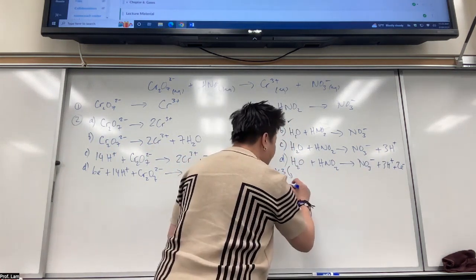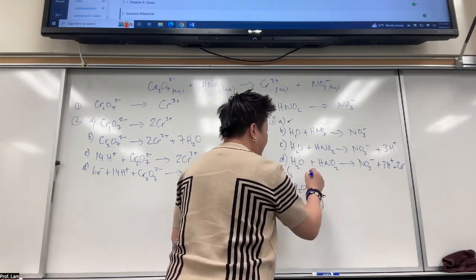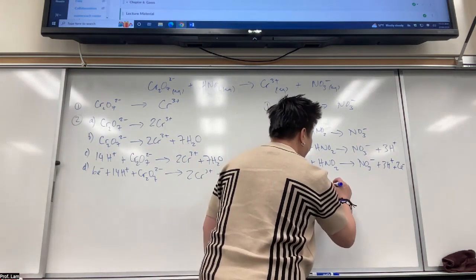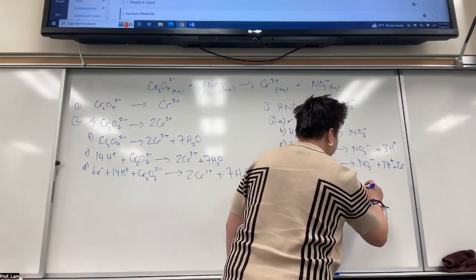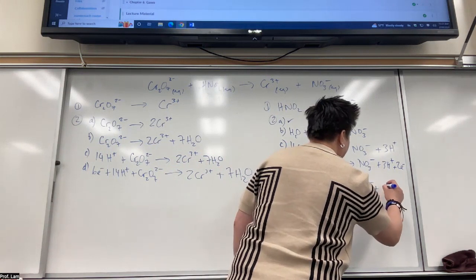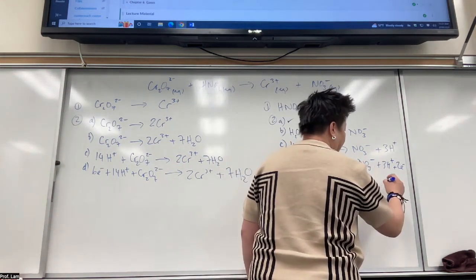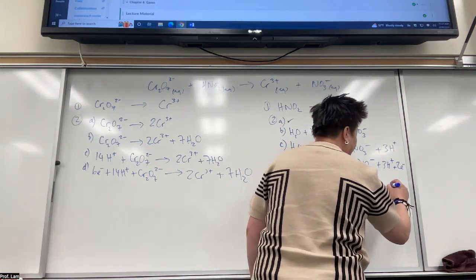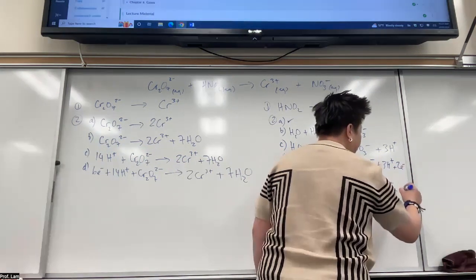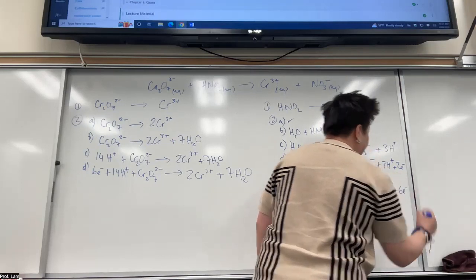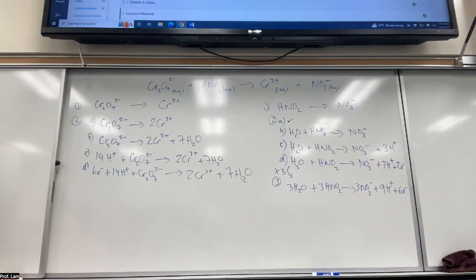So 3 times 1 is 3. So that's 3 water plus 3 HNO2 goes to 3 NO3 minus plus, what's 3 times 3? 3 times 3 is 9 protons. And 3 times 2 is 6 electrons. Okay.